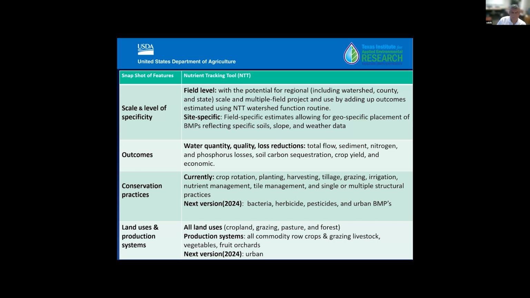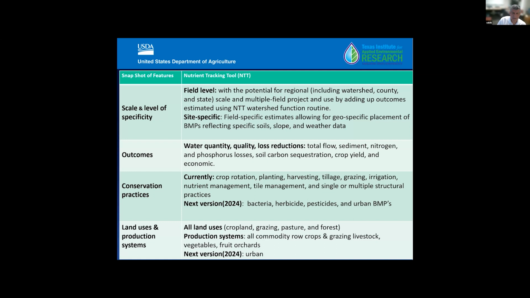Site specific. When we deal with watershed scale, we have what are called HRUs, where it is kind of unknown where those locations come from. But this one is specific.